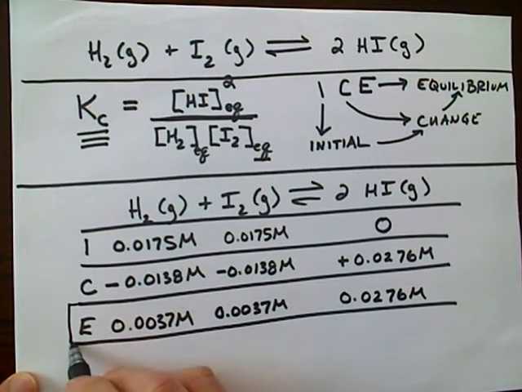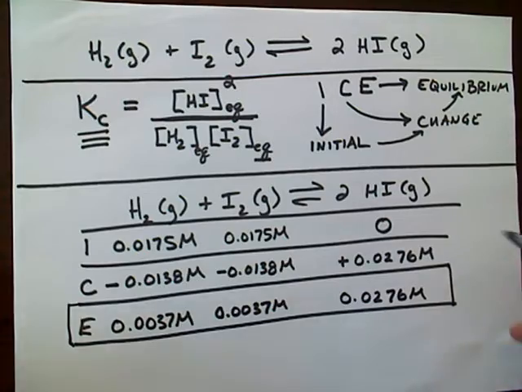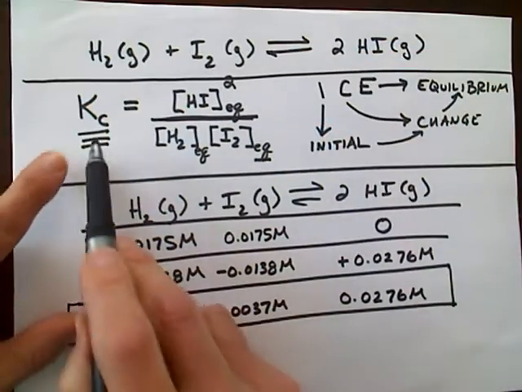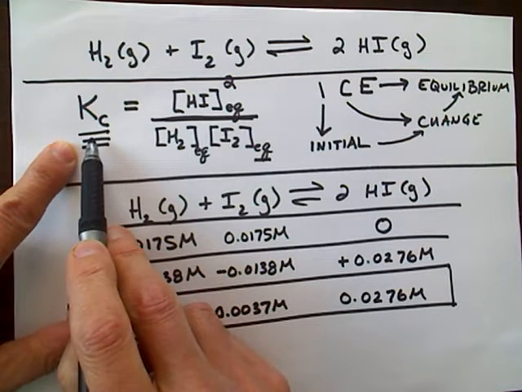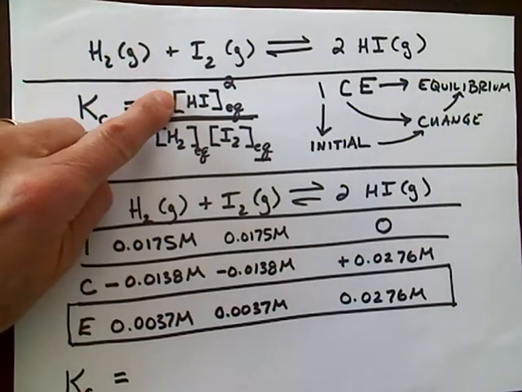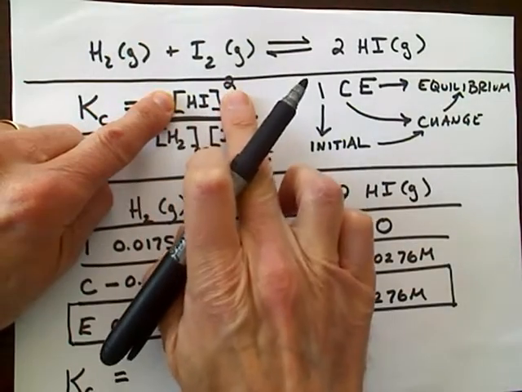These are our equilibrium values, which we need, right? We need equilibrium values to calculate the numerical value of our equilibrium constant, so we can do it. So Kc, that's going to be my equilibrium concentration of HI squared.